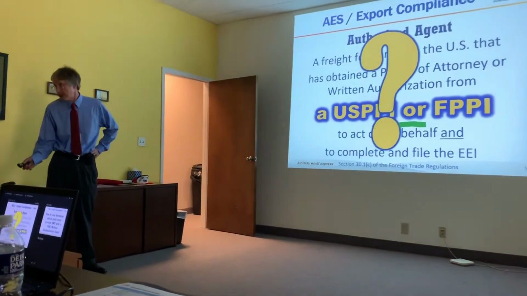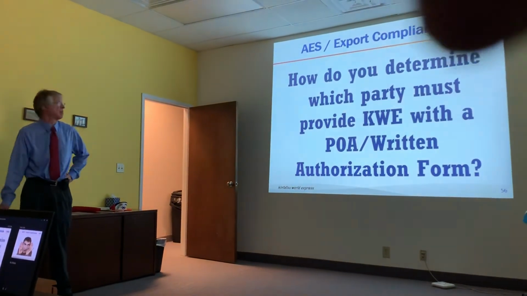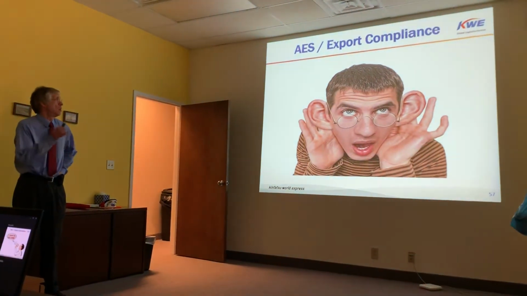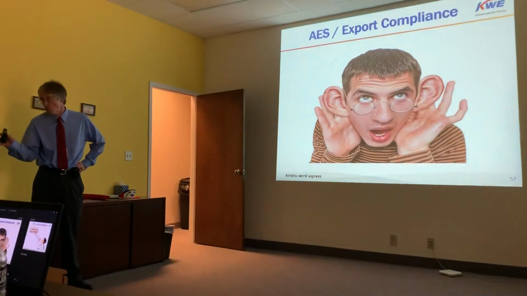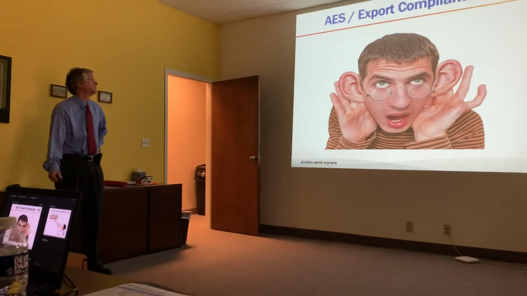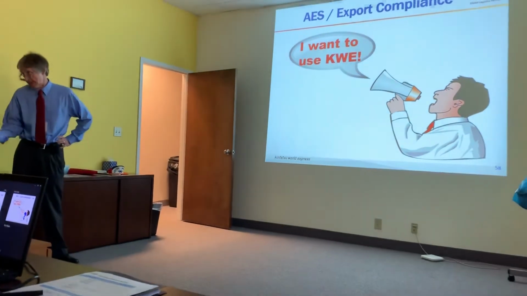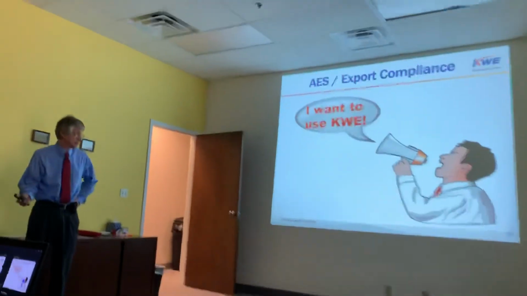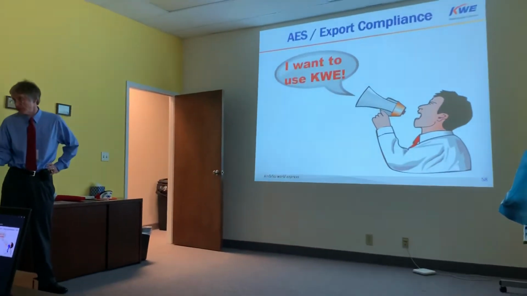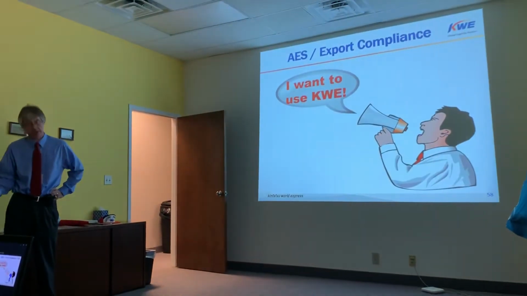from which party we are to obtain the POA or written authorization? Well, we listen to what is being said to us. It's really not that difficult. There is somebody in the transaction who has determined that Kintetsu is to be the forwarder for the business that you're handling.